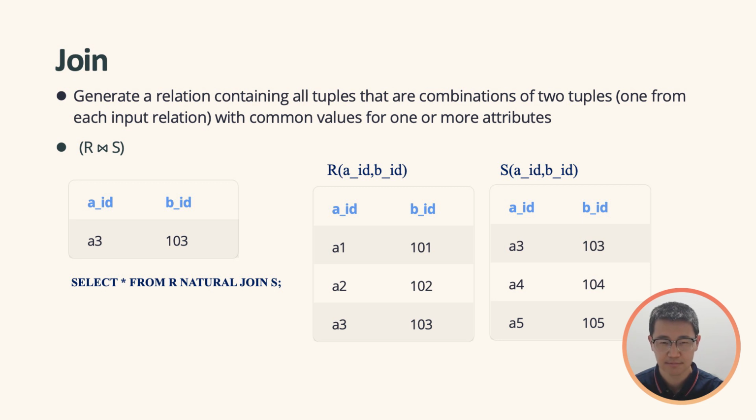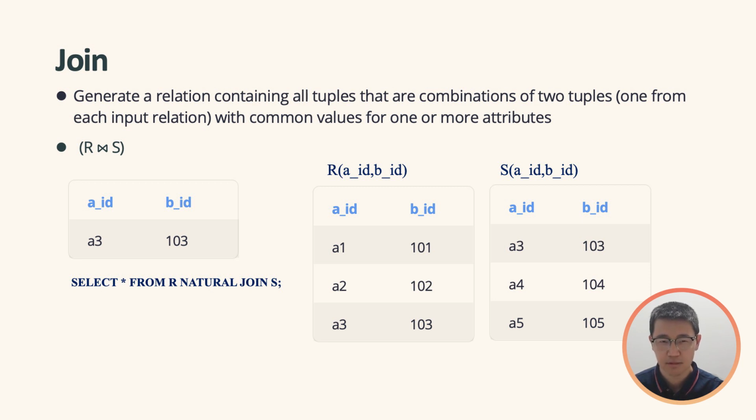For instance, in the relations R and S, only the tuple A3 103 is common in both R and S, and it shares these attribute values. Thus, automatically, we select it out using select star from R natural join S.